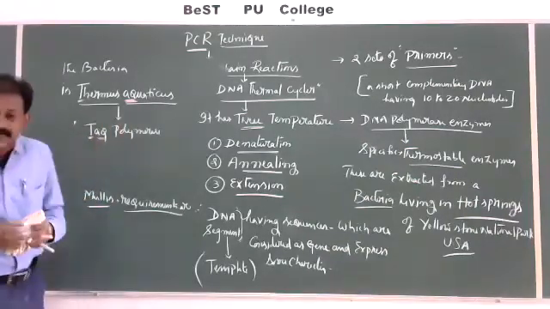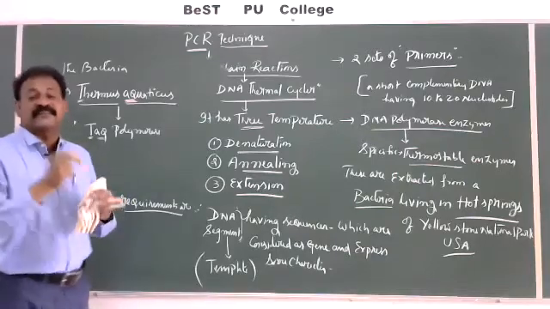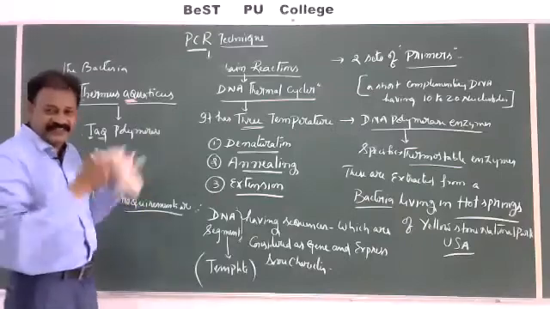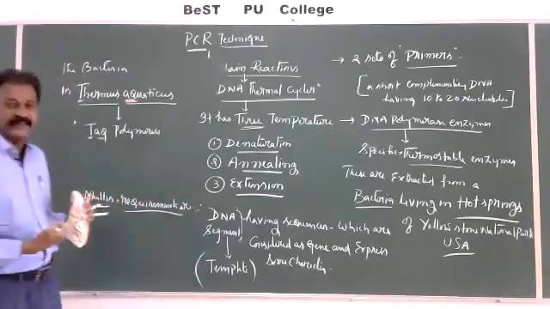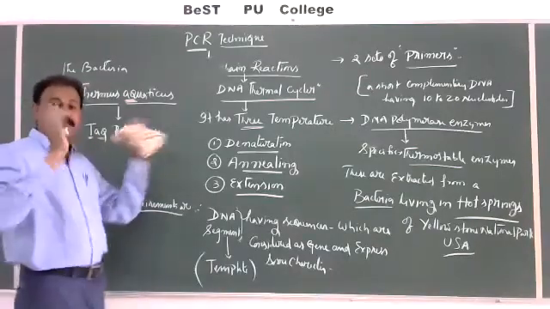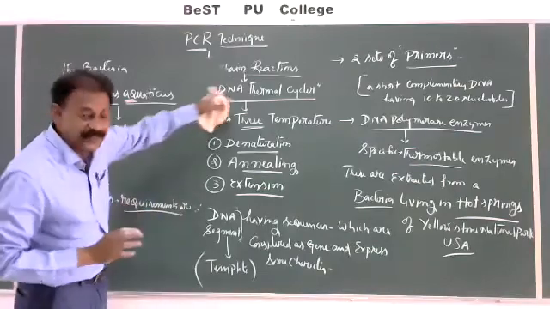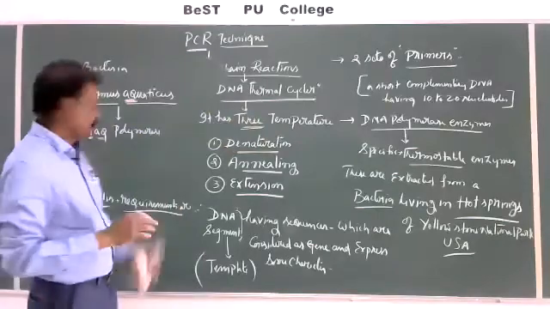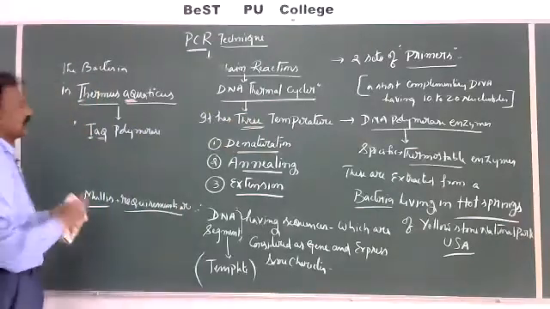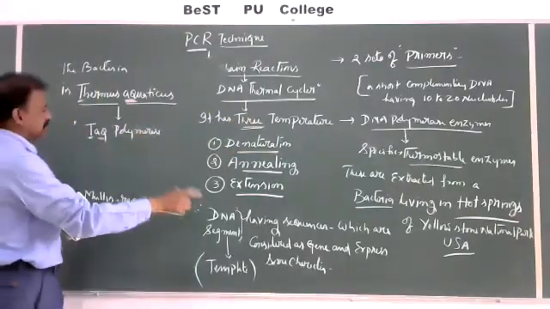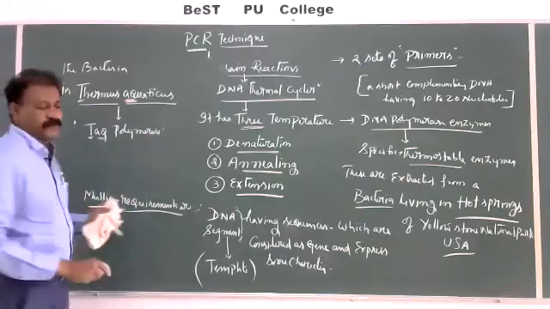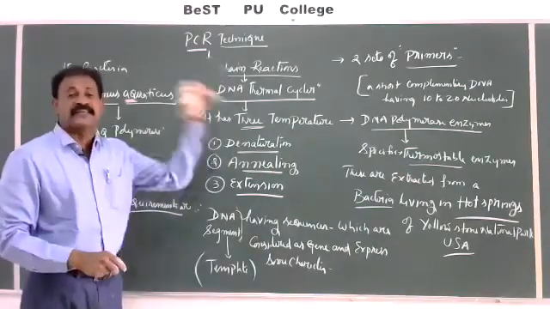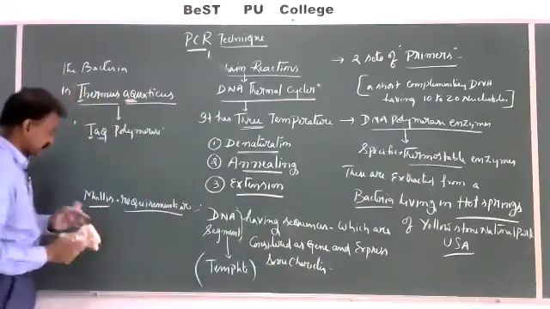What does Taq stand for? Taq is from the name of the bacteria, Thermus aquaticus, from which this enzyme has been extracted, which can withstand the high temperatures prevailing in the thermal cycler where PCR reactions are carried out. So this Taq polymerase is compulsory. Only with the help of Taq polymerase is it possible to continue polymerase chain reactions.